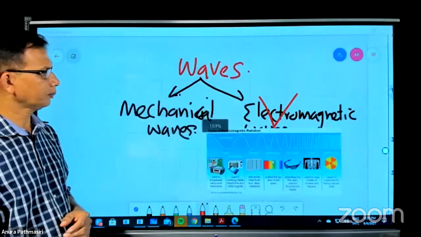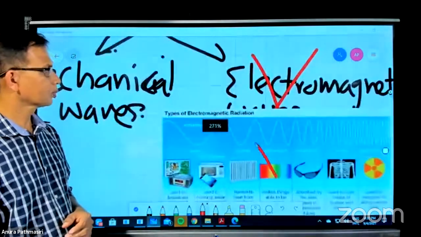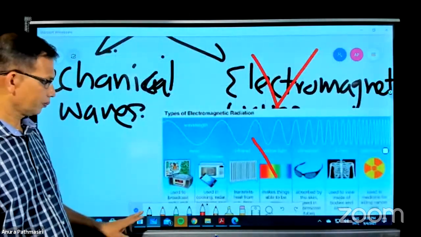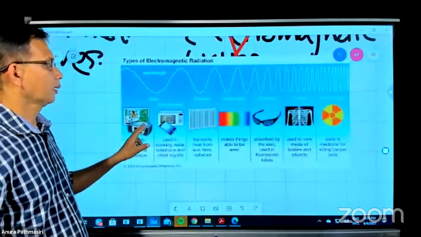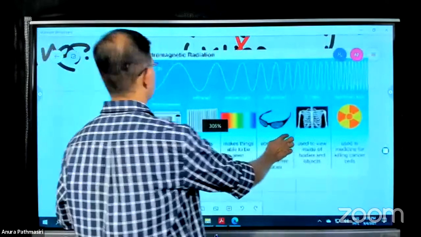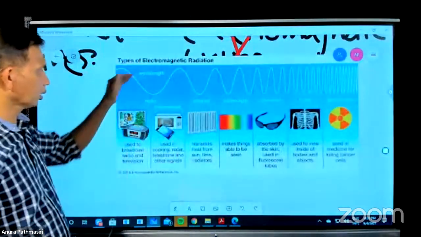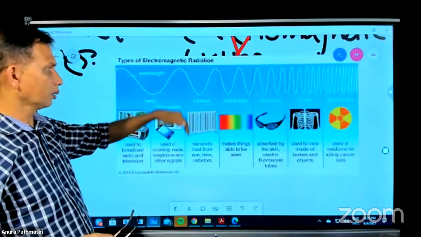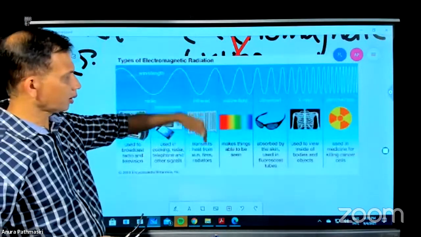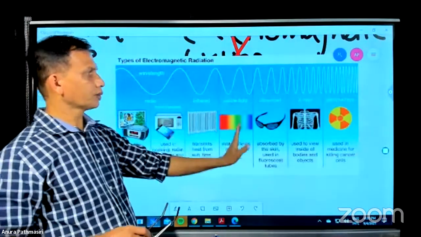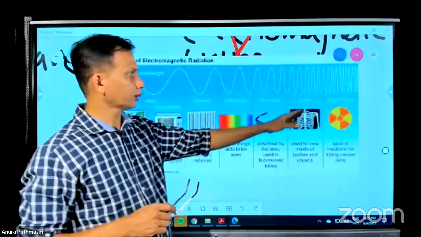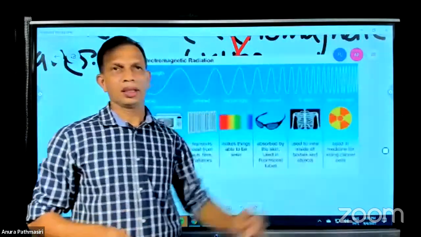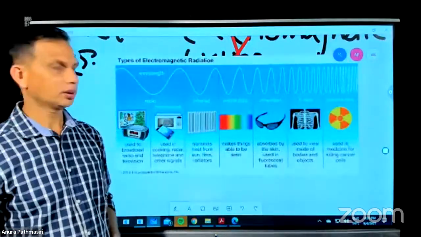See? The electromagnetic spectrum. As you can see, it started with the radio waves and then microwaves, infrared, then the visible light, and then ultraviolet rays, X-rays, and gamma rays, right?